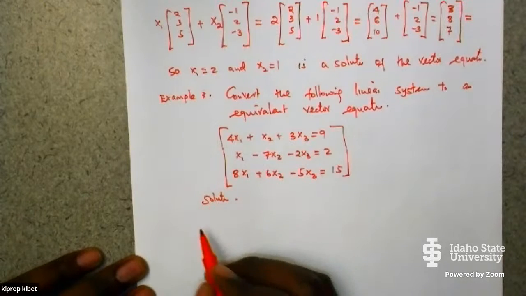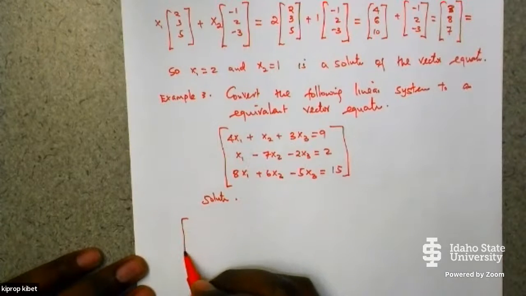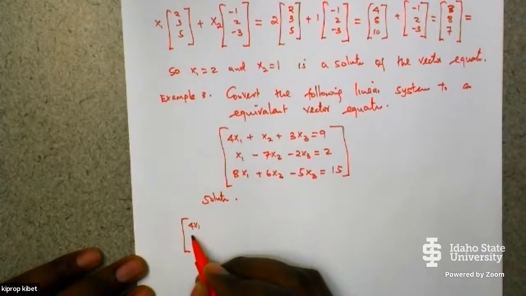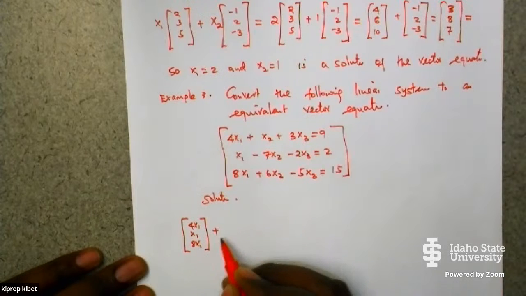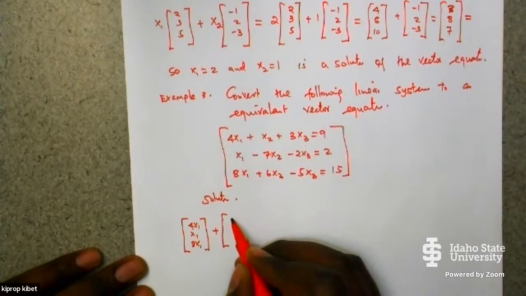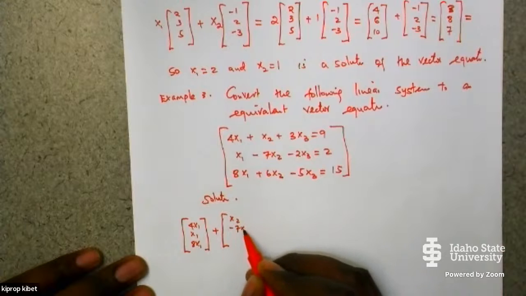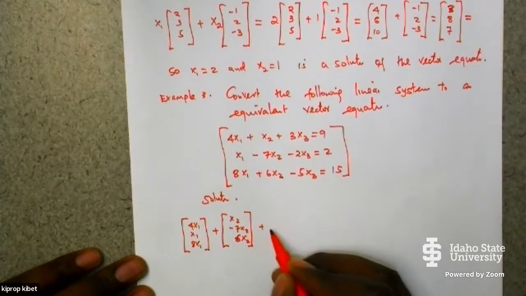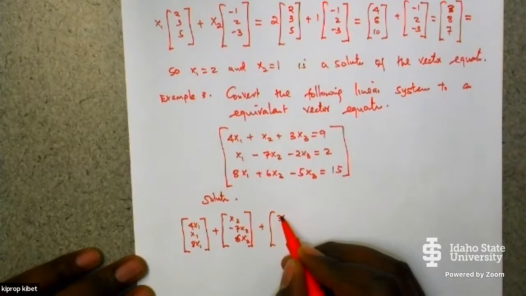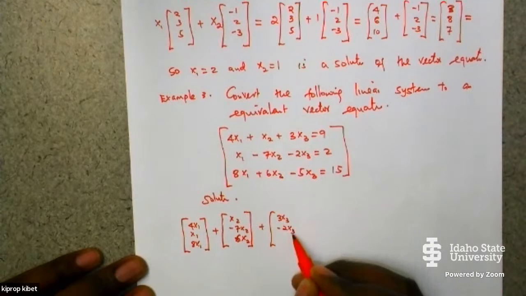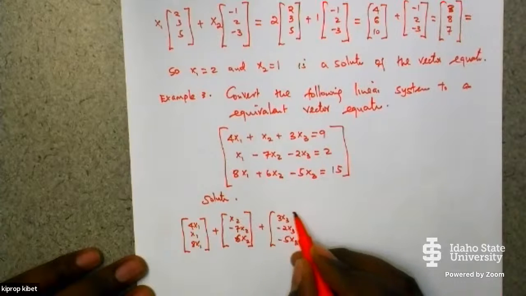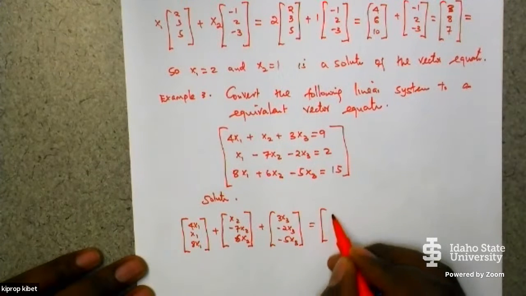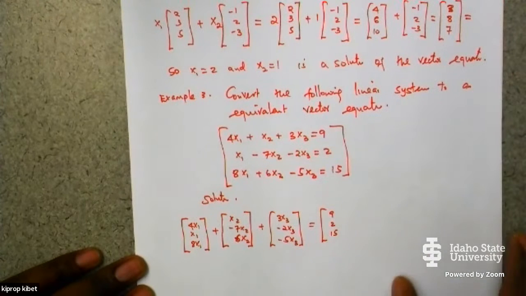Here, this is similar to collecting the terms: 4x1, x1, 8x1, plus x2 minus 7x2 plus 6x2, and then plus 3x3 minus 2x3 minus 5x3, which equals 9, 2, 15.